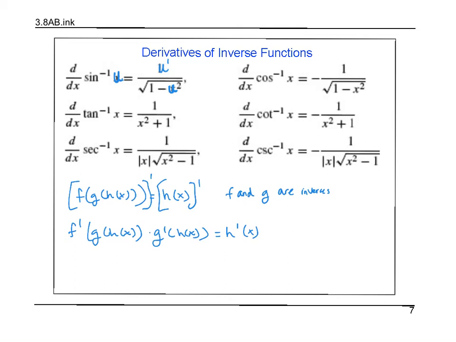Then if I solve for g prime of h of x, it is equal to h prime divided by f prime of g. That's what happens up top where I chose to put my u's. The u's are like the h's in this example.